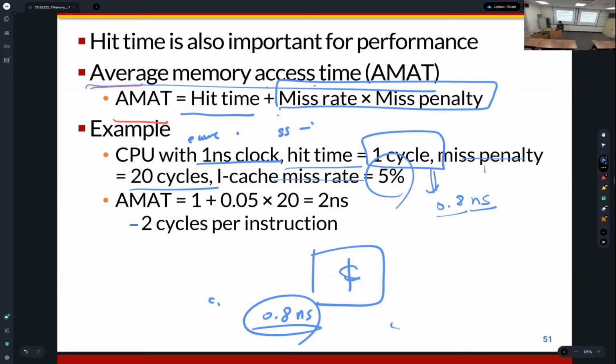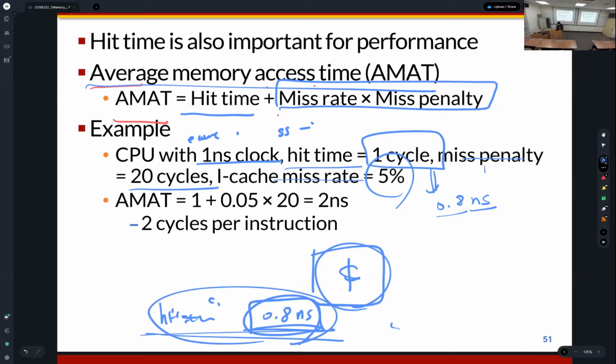That is the actual access time, not cycles. This means the cache can be faster than the clock cycle. So the hit time, the access time, is 0.8 nanosecond, but the clock period is 1 nanosecond. Then how can you calculate the hit time?